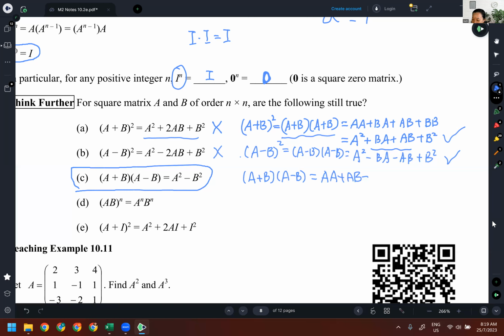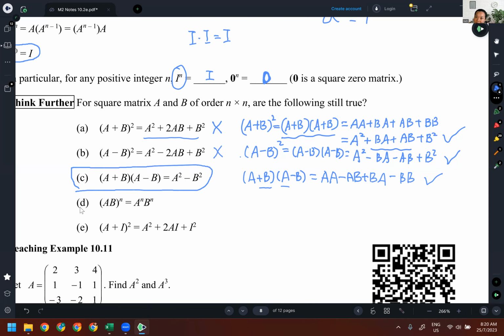I think it's minus AB plus BA. Okay. AA minus AB plus BA and minus BB. You see, this is plus BA. You do not swap them. In the past, we said AB and BA are equal, so these two cancel each other out, but now they don't. You still have AB and BA.